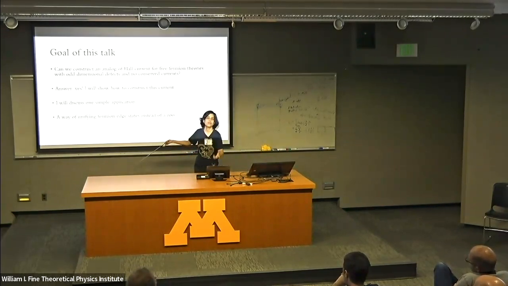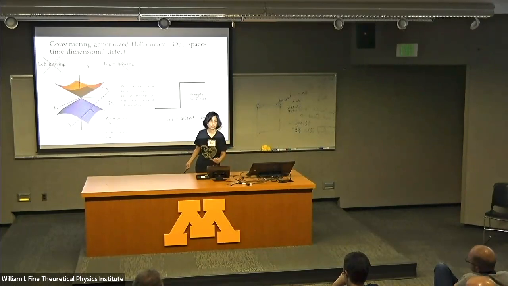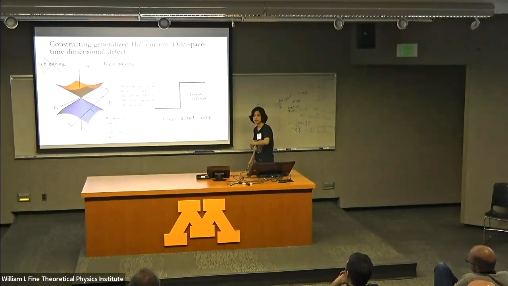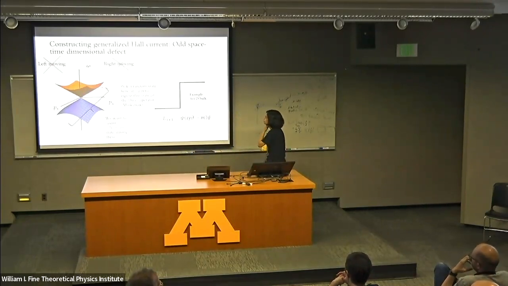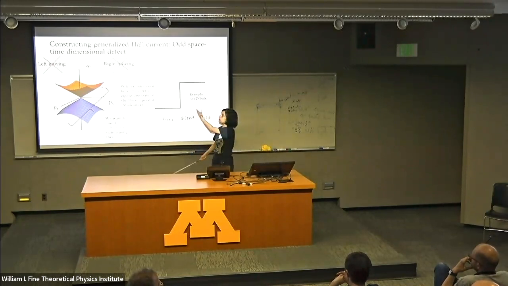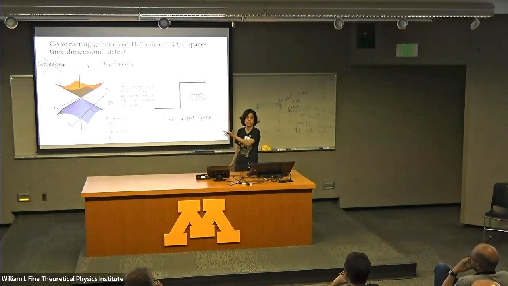This is just one way of unifying different kinds of edge states, not the only way. As Tim is mentioning, you can think about anomaly inflow, and that again unifies the understanding of different types of edge states. So this is the first step of constructing this current.